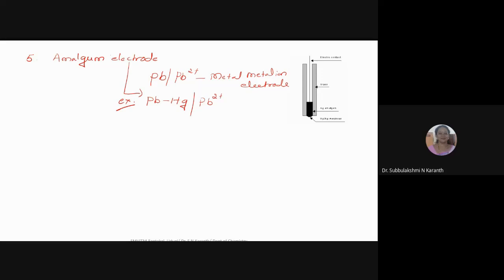Then how do we define a metal amalgam electrode? A metal amalgam is in contact with a solution containing its own ion.